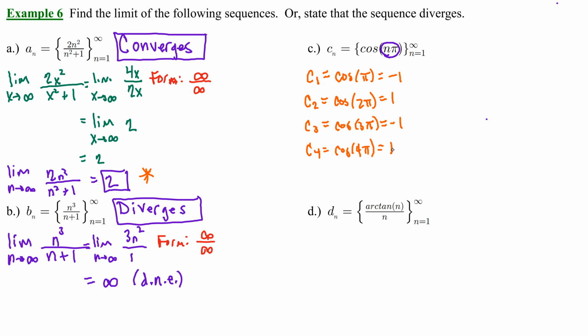So as n approaches infinity, the value of the sequence simply alternates between negative 1 and positive 1, negative 1 and positive 1 indefinitely. So this means that the limit as n approaches infinity of cosine of n pi does not exist. Because the sequence has no limit, we say the sequence diverges.